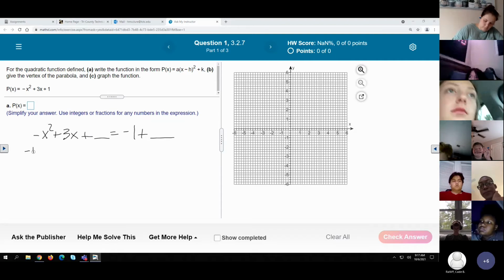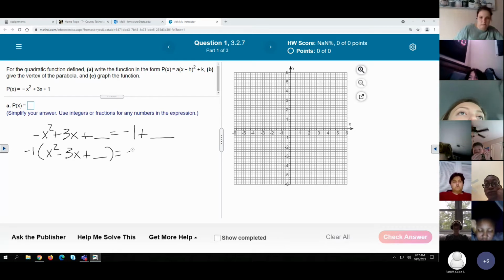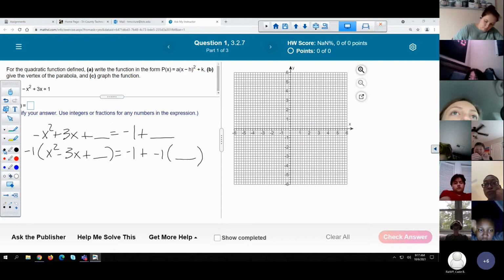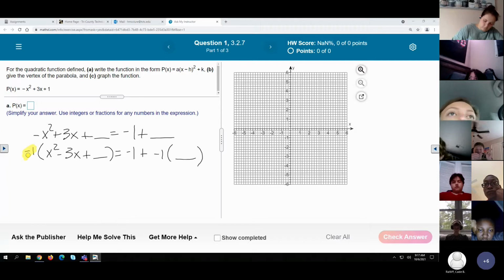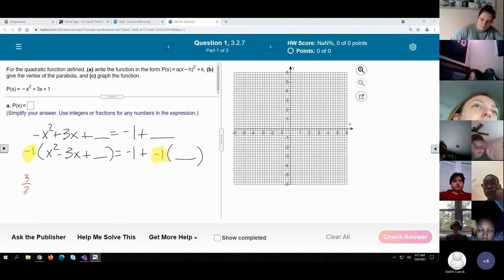Factor out a -1: x squared minus 3x plus blank is equal to -1 plus -1 times blank. And remember, I always told you, I would get out the highlighter, whatever you factor out here, you got to multiply right there. 3 divided by 2 squared is equal to 9/4.